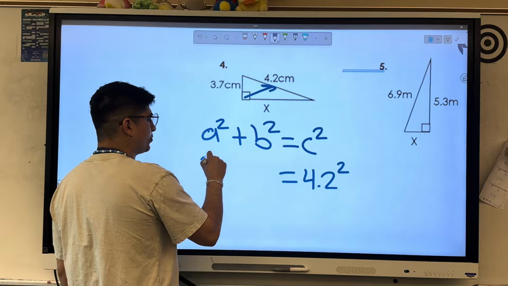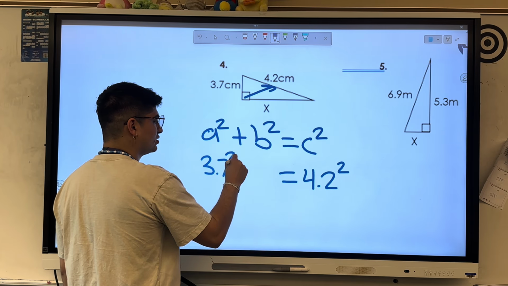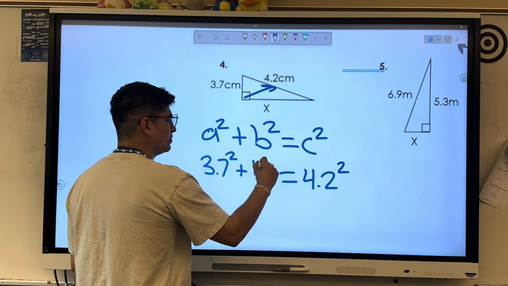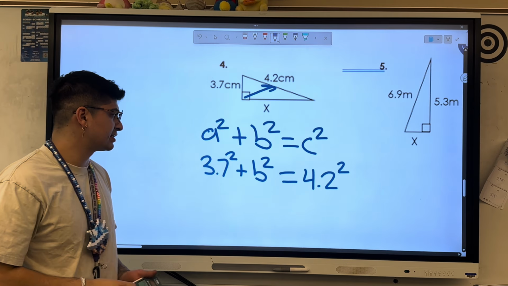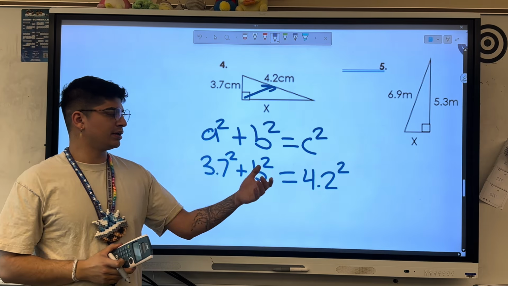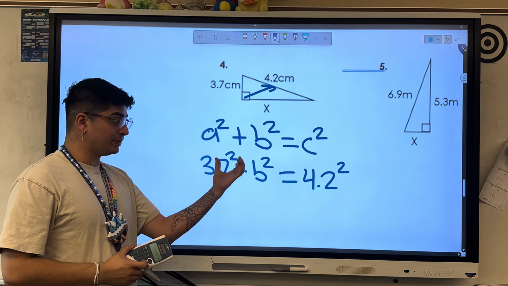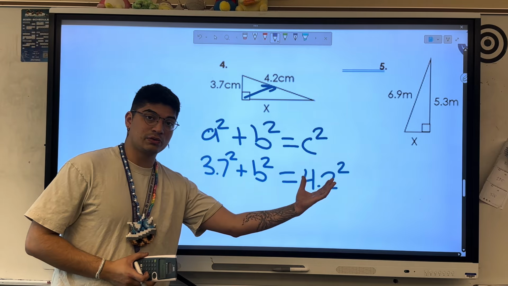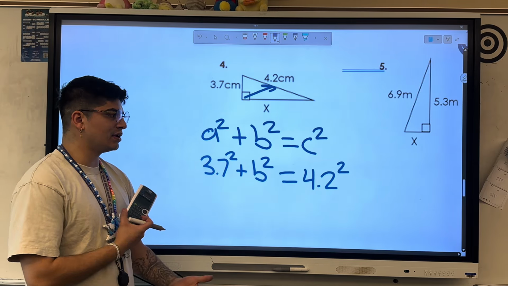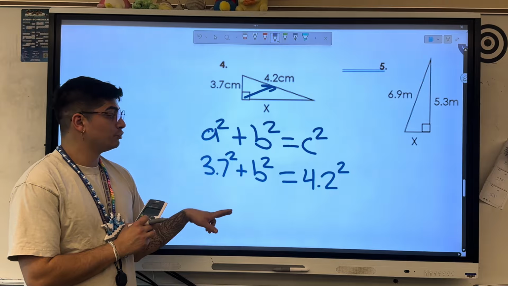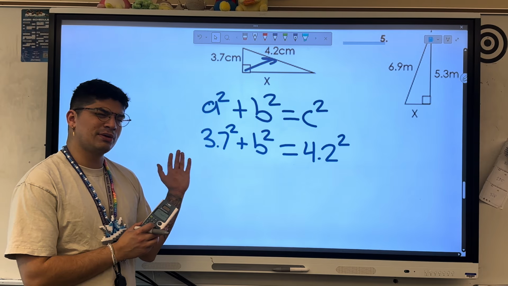3.7 squared plus b squared. Let's say the b is missing in this case. So this is what I have, right? It's still a squared plus b squared equals c squared. The only difference is you're given a mismatched piece of information. So, still do the same thing. Let's see what we have.